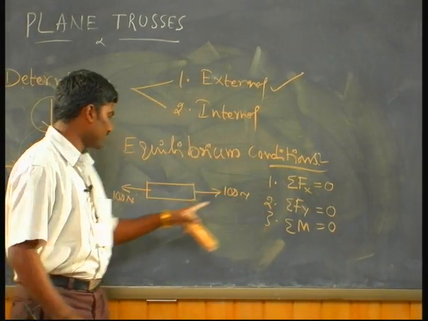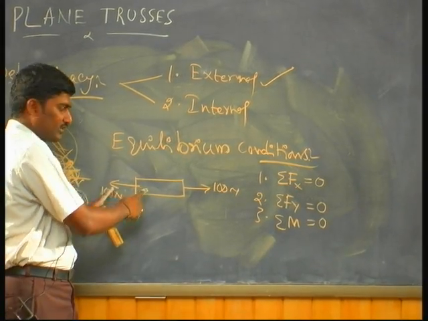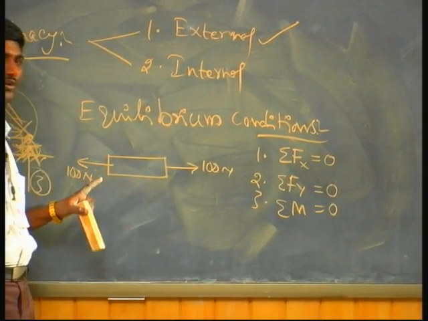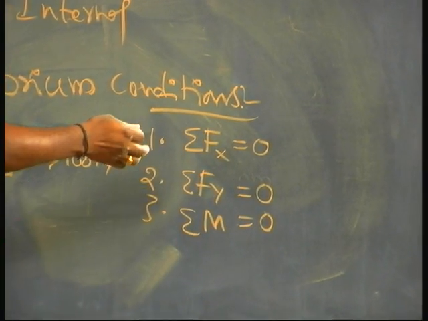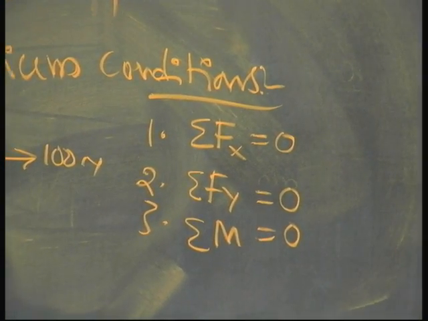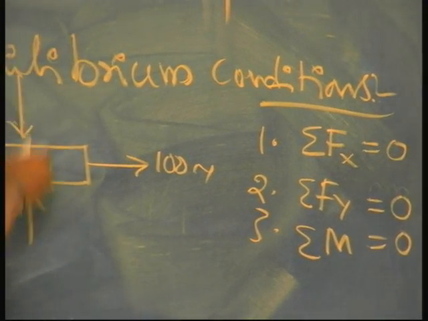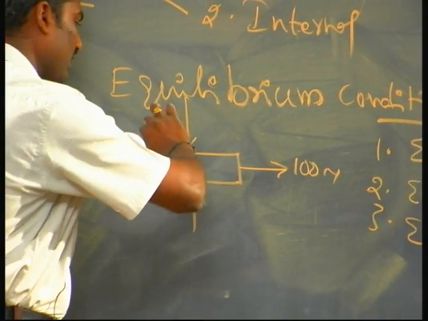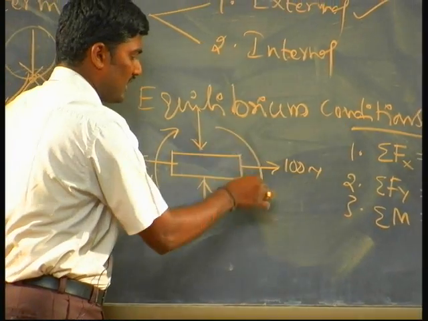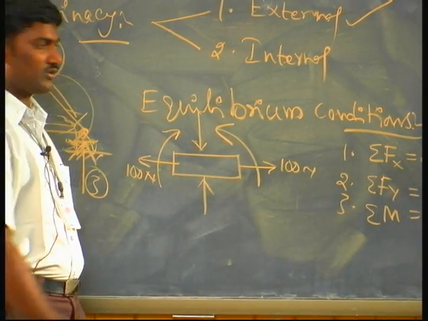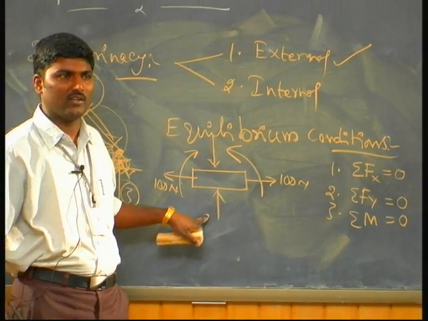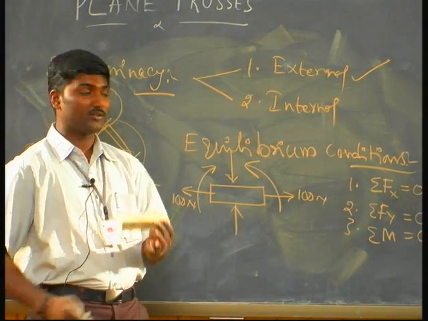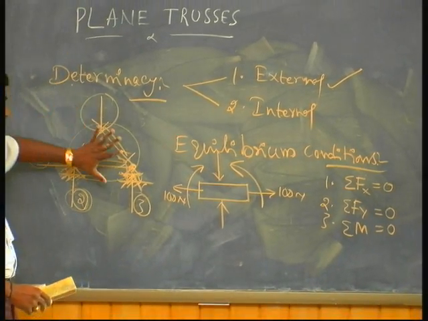You can see in this equation itself, 100 to this side, 100 to that side, 100 minus 100 is 0. Similarly, any vertical force must sum to 0, and any rotation must be 0. Though there are forces acting, the member is still stable. That is the condition I want for this truss.